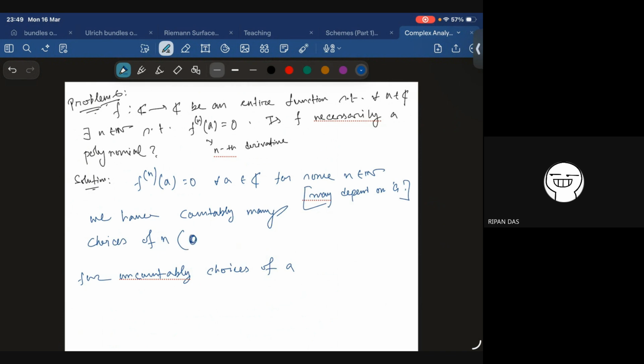I mean, by that I mean the cardinality of the natural numbers, and this is the cardinality of C.